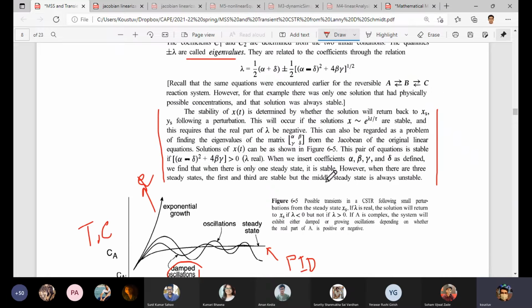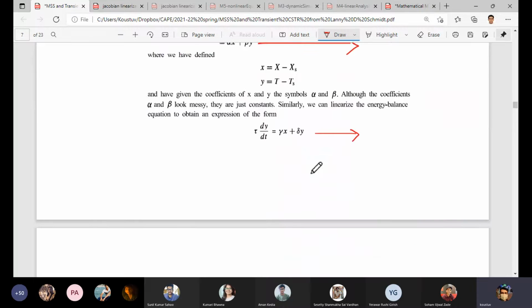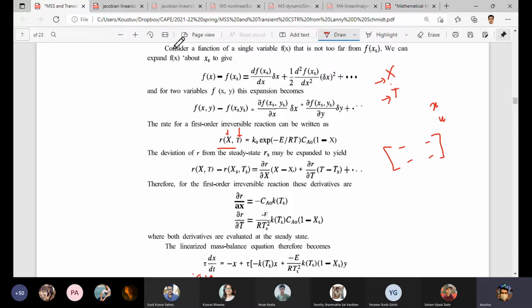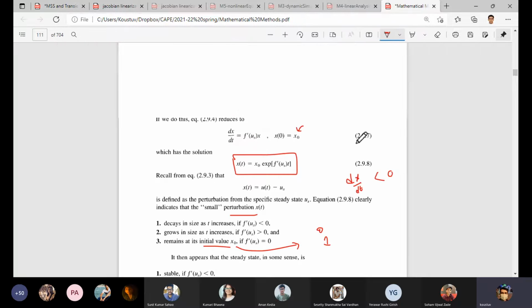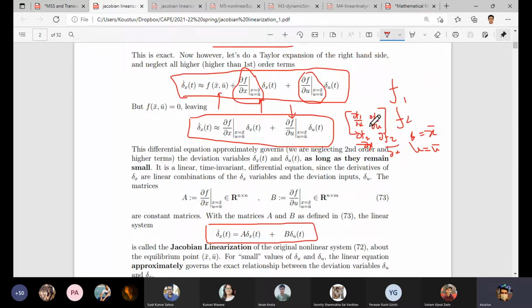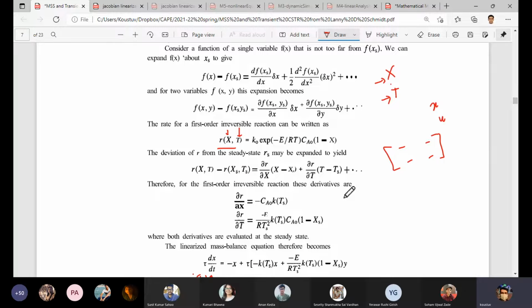These eigenvalues of these equations can also be obtained from the matrix analysis. If we take out the matrix of coefficients, that means alpha, beta, gamma, delta, what are these? These are nothing but the derivatives calculated at the steady state point, that means the del f del x that I was writing here. So this is basically the matrix. If we calculate the eigenvalues of this matrix, whether they are real or imaginary numbers, and the sign, tells you the behavior.